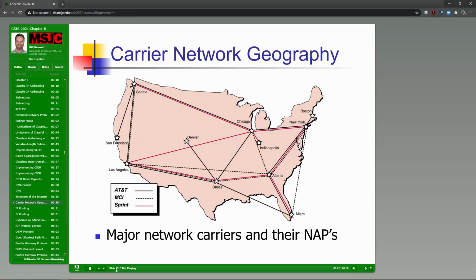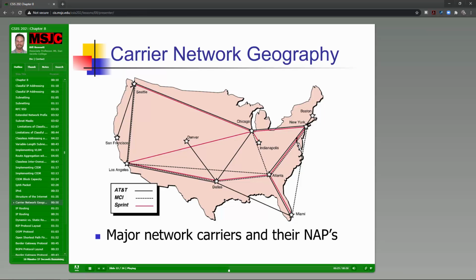This map here has changed quite a bit since it was originally produced, but it shows you the original network access points, or IXPs, that were defined for the internet. It is a little bit more updated in the sense that we have AT&T now listed here. Of course, they've always been a long distance carrier. Sprint is listed here.